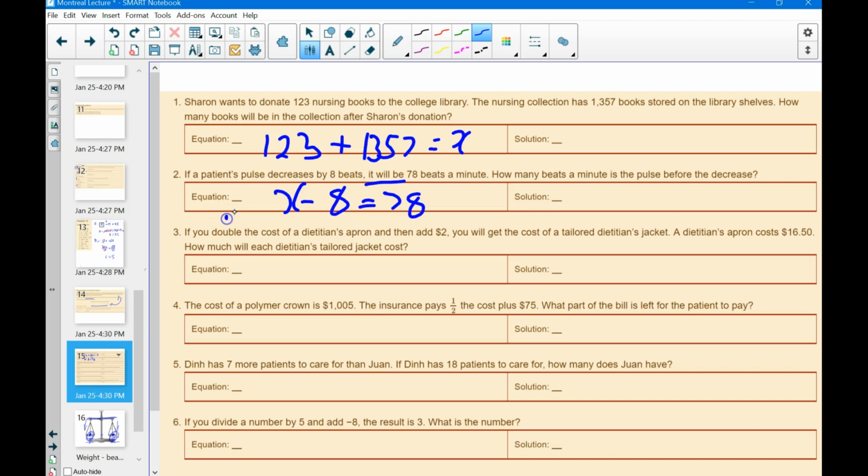If you double the cost of the dietitian's apron, it's going to be 2 times that, and then you add $2 to get the dietitian's jacket. So it's going to look like this: 2 times 16.50, plus $2.